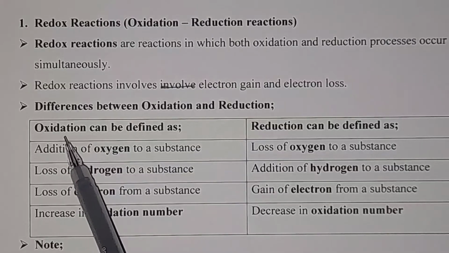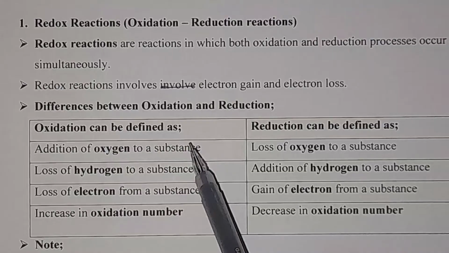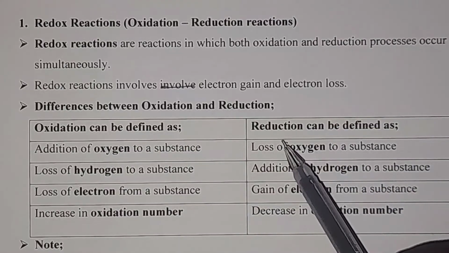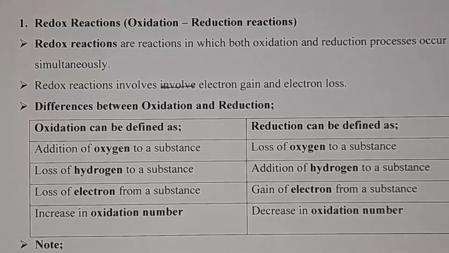We want to see the difference between oxidation and reduction. In the table, we have the first column as oxidation can be defined as, and the other column, reduction can be defined as.